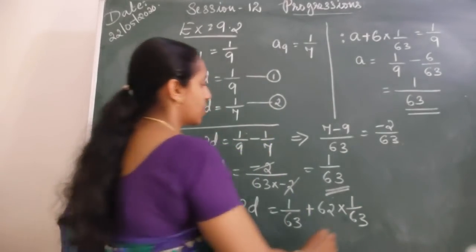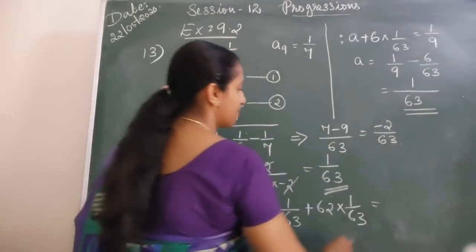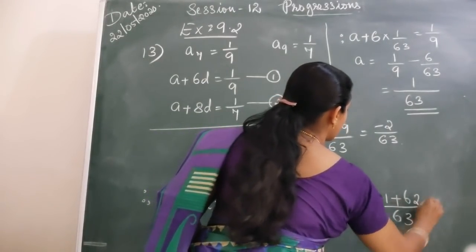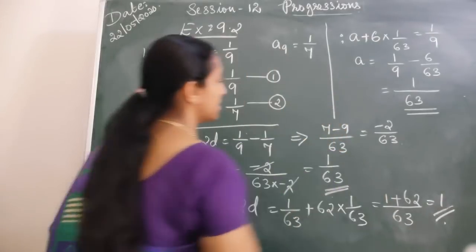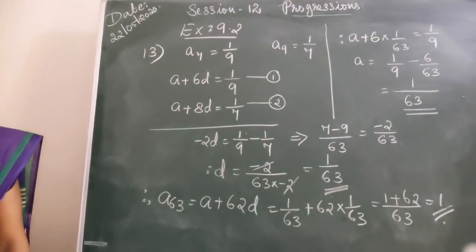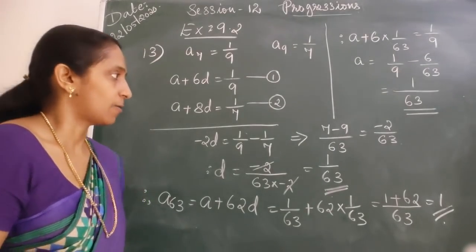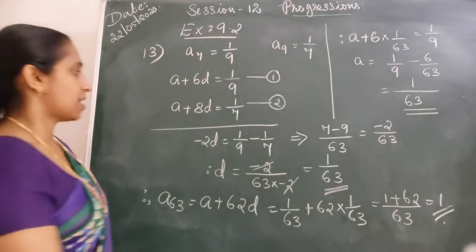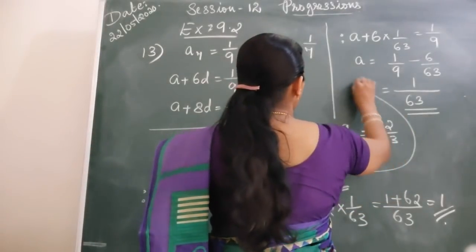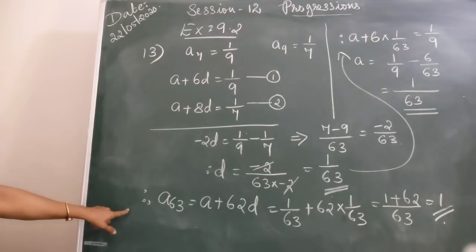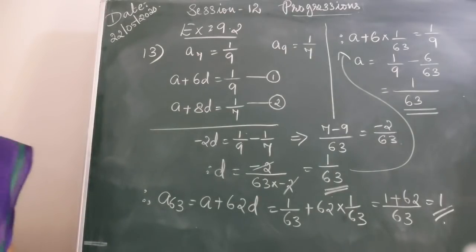So you are getting 63 as the LCM, 1 plus 62 by 63. What will you get? You will get the 63rd term as 63 upon 63. What is 63 upon 63? 1. Try now. After D, you will go for calculating A, then only find A63.